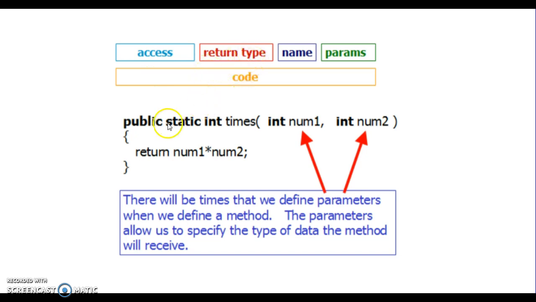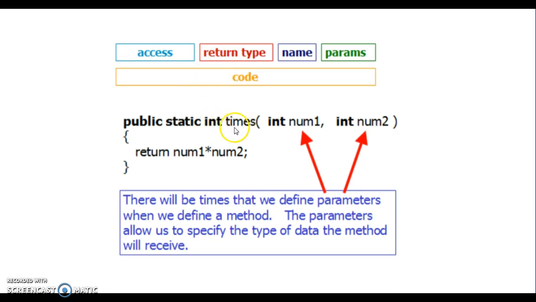In the past, all of our methods have had a void here, like literally the word void. When we think about public static void main, the void tells us, hey, I'm not actually going to return anything. Maybe it was printing things out to the screen, but it wasn't returning any values. Here, in this function, I'm telling it, hey, I want to return something of type int when I run this program.